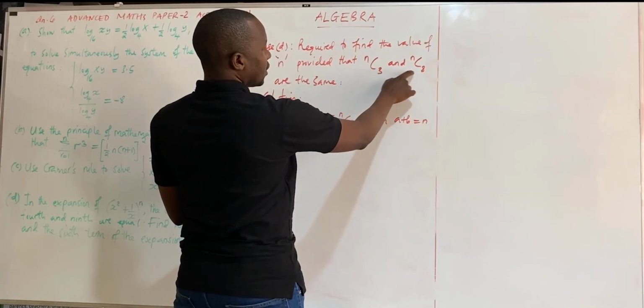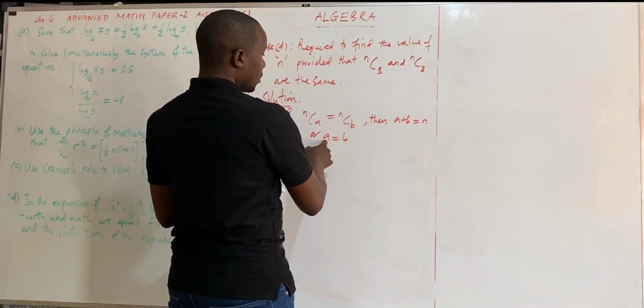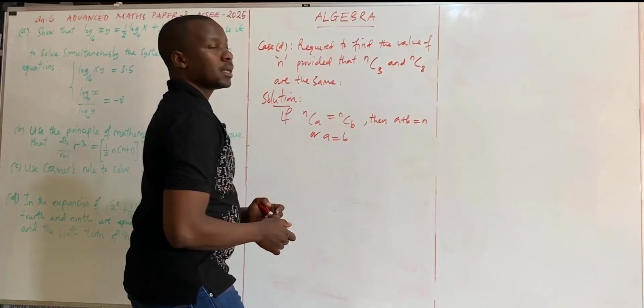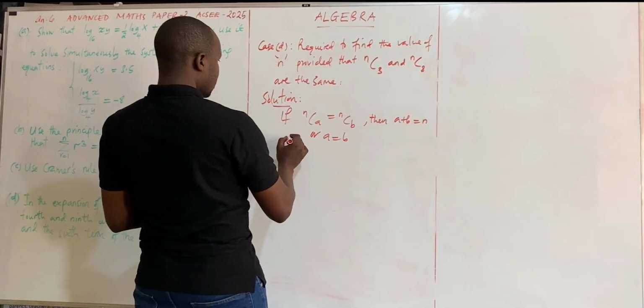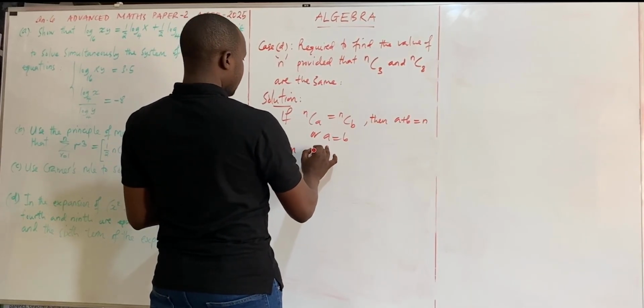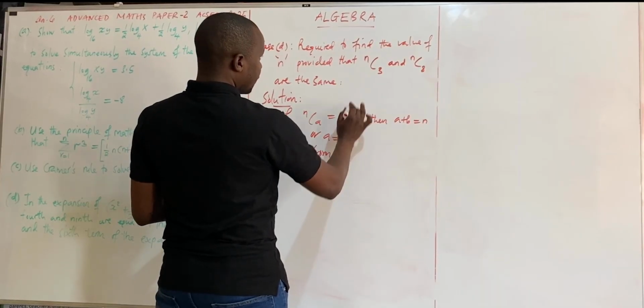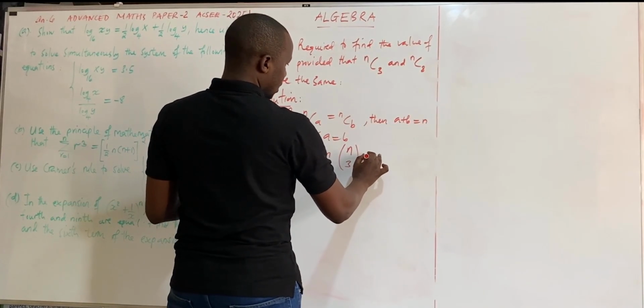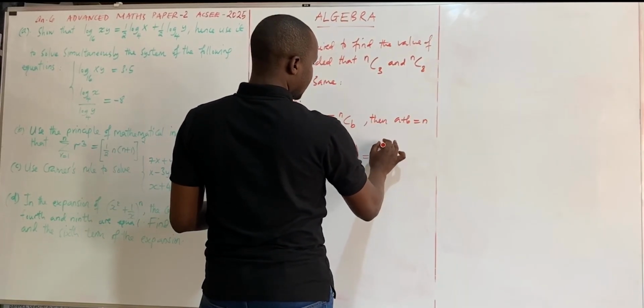You can see here 3 and 8, so they are not the same. It means when you add them, you have to get n. So n choose 3 is the same as n choose 8.